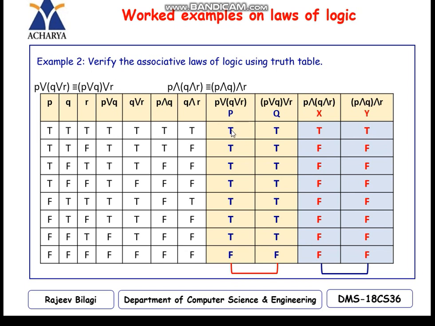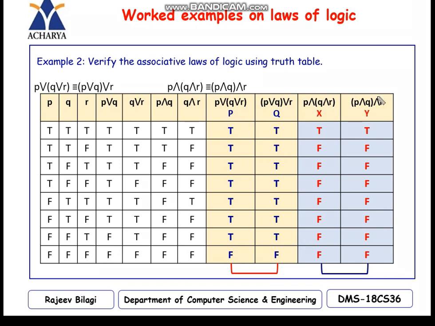So P biconditional Q says if both the values are same, whether true or false, then the resultant truth value will be true, otherwise it is false. So T T is again T, T T is T, like this, and the last one is F and this is F. So when both are F, again it is true. So P biconditional Q, you are going to get a tautology. So hence, these two are logically equivalent.